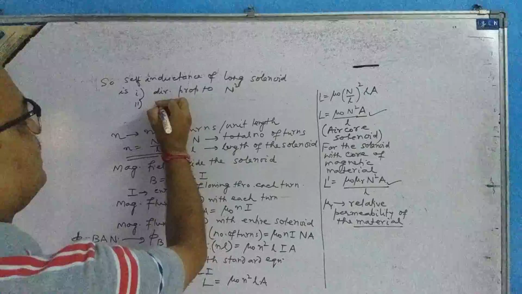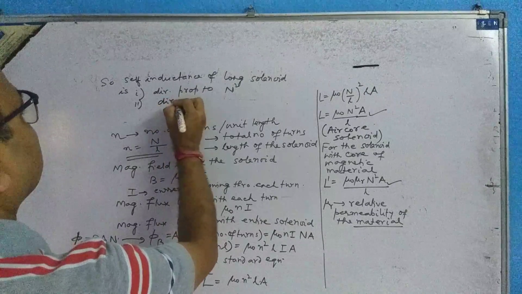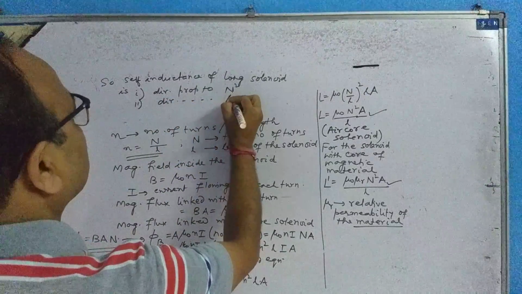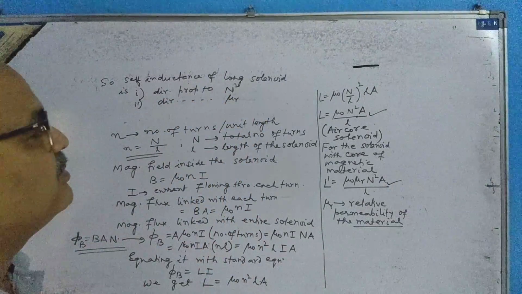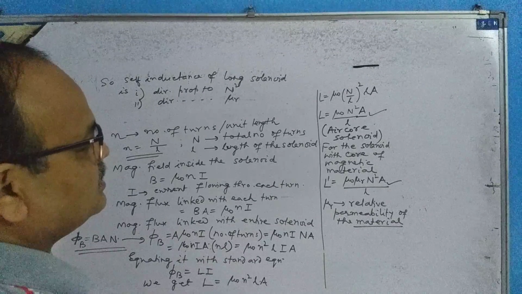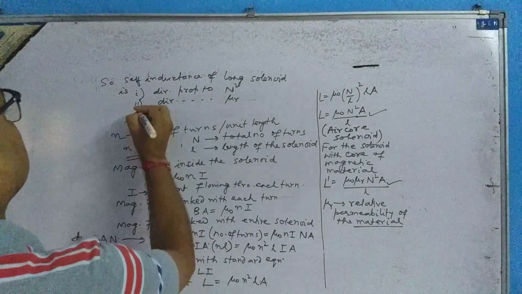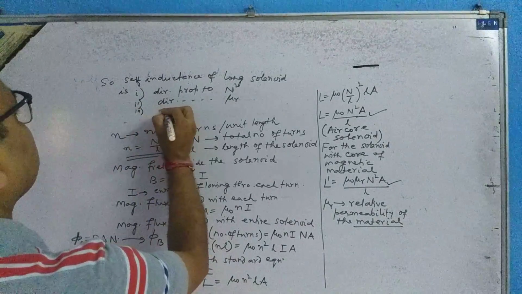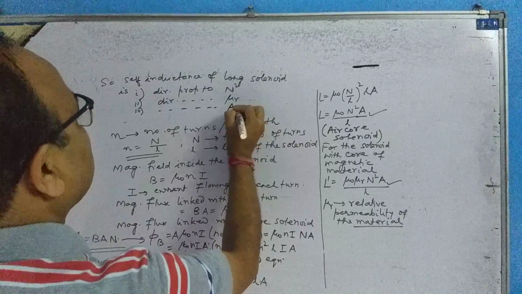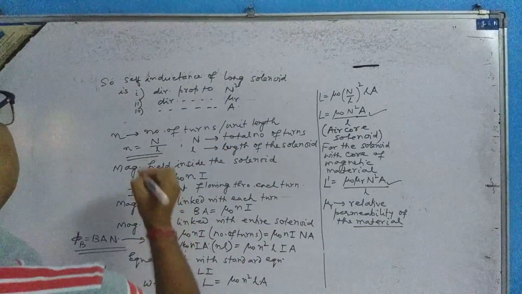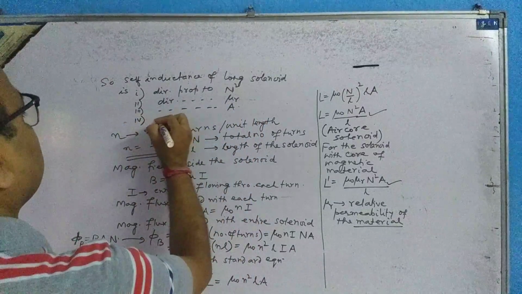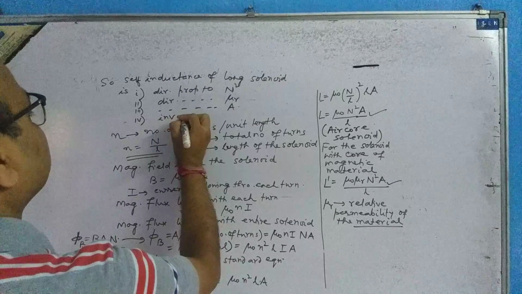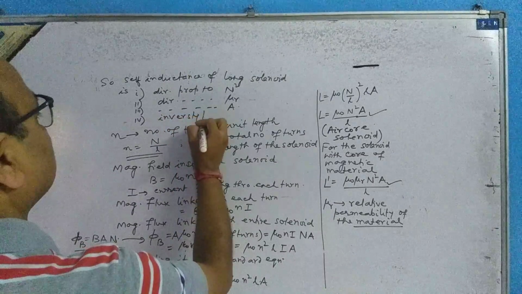Second, also directly proportional to mu r, the relative permeability of the material inserted. Alright? Number 3, directly proportional to area of cross section of the solenoid. And number 4, inversely proportional to the length.